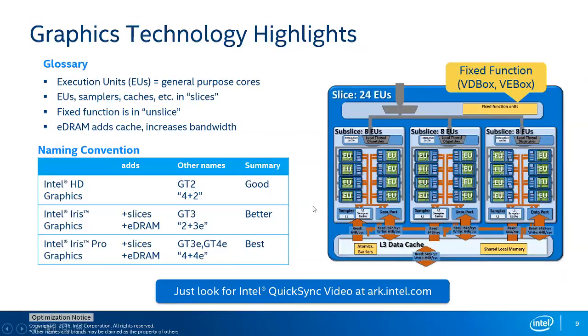That EDRAM is there to provide an extra level of cache that can improve bandwidth between CPU and GPU. And then the biggest configurations, things like 4 CPUs, GT4 and EDRAM, which is kind of the best configuration for Iris Pro graphics.